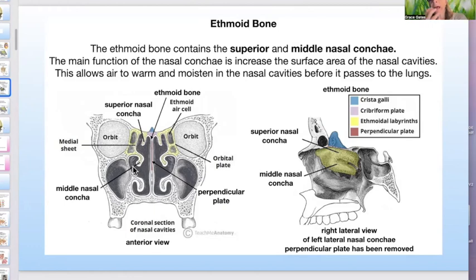And as the air passes over, it's warmed by being in the internal nasal cavity and also moistened by the fluids that are on the epithelium that covers the conchae.